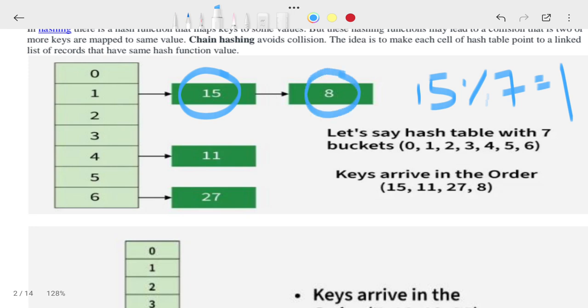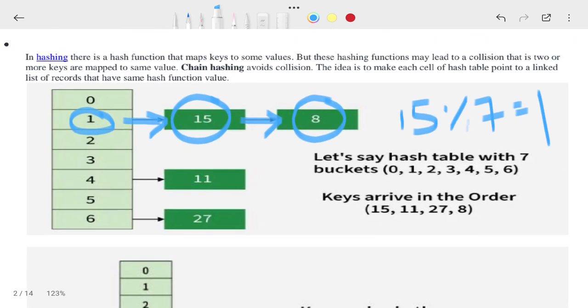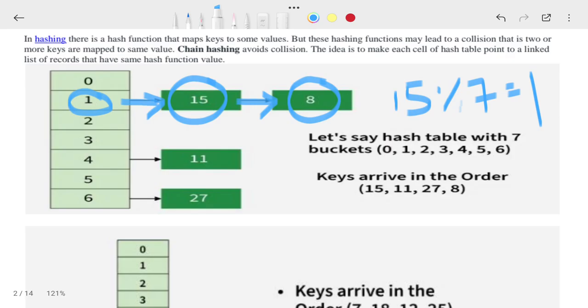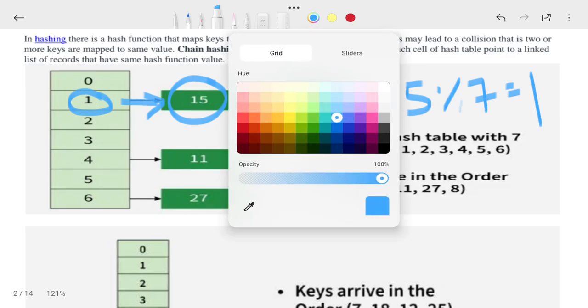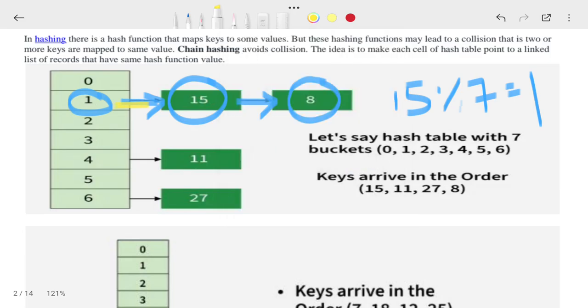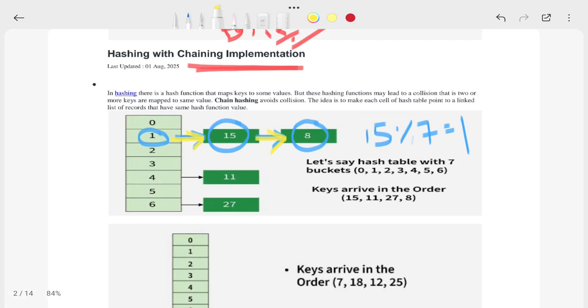At 1 I place first 15, then I place 8. So whenever a collision is coming, I am using the chaining method. So a chain is there, a chain like this. This is the chaining method.